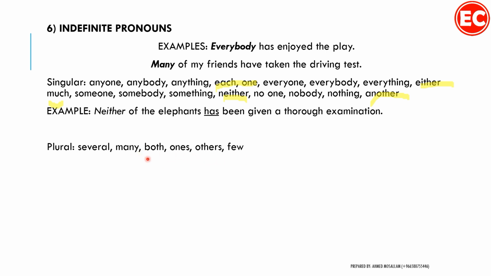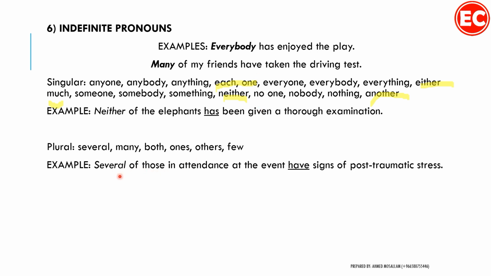When they come by themselves, like many here, many of my friends, it is plural. Now we have another example, which is several of those attendants of the event have signs of post-traumatic stress. So several here is the subject. The mutable ones are the ones that can work sometimes singular, sometimes plural. But now you have a problem. How can I decide this?